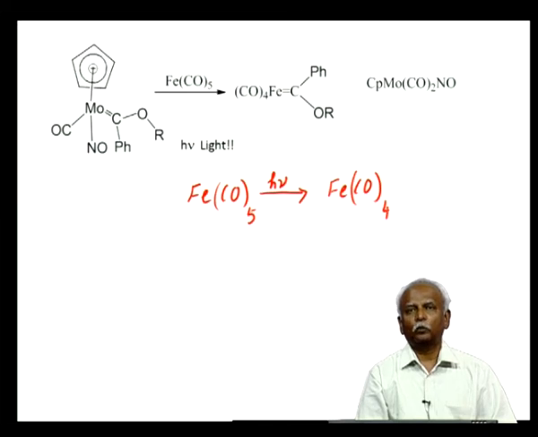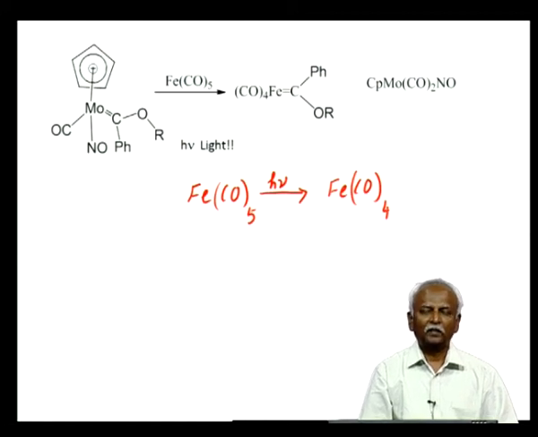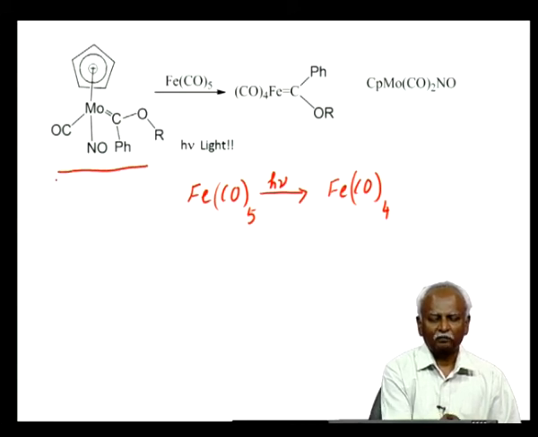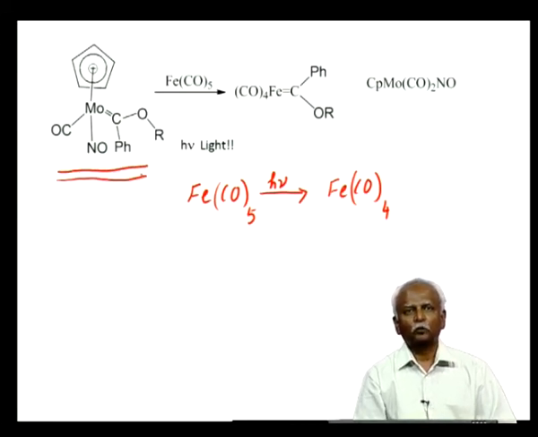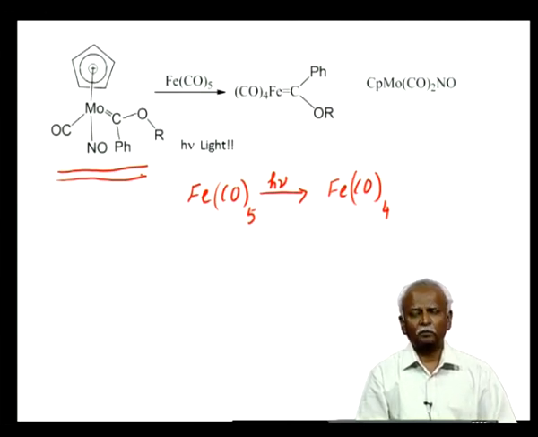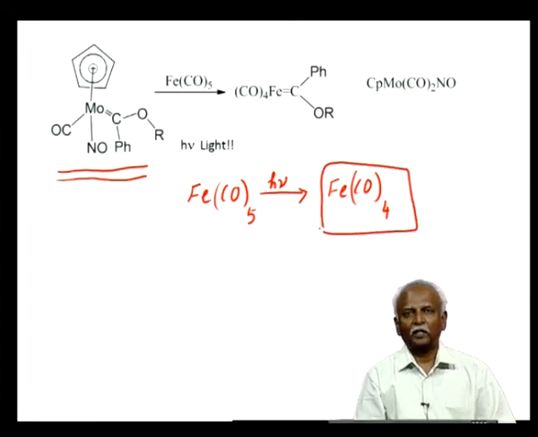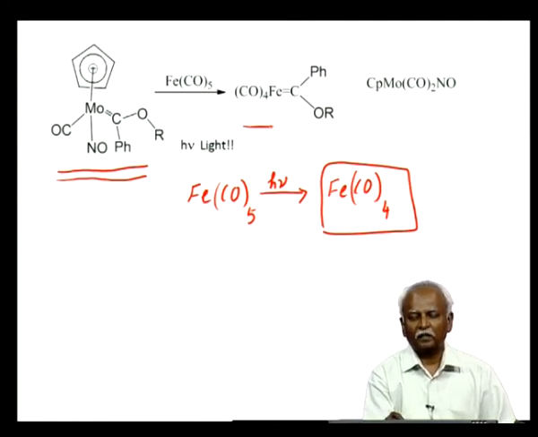This Fe(CO)4 molecule is extremely reactive, and it is able to remove the most weakly held carbene, which is attached to the molybdenum center. So, you have a molecule which has 4 ligands on the molybdenum, and one of them is weakly held, and so the most weakly held carbene ligand is transferred from the molybdenum center to the coordinatively unsaturated Fe(CO)4, and the Fe(CO)4 molecule now gains a carbene carbon.